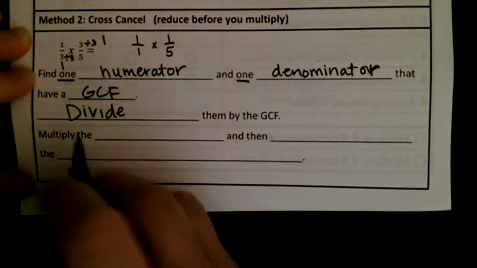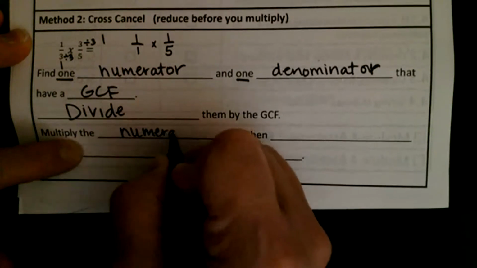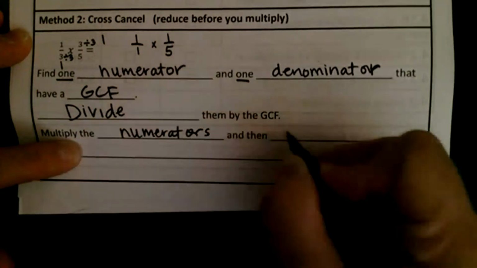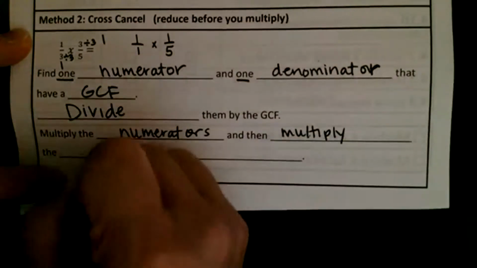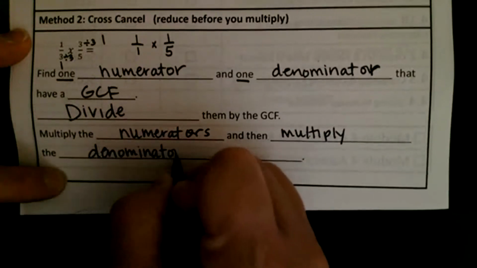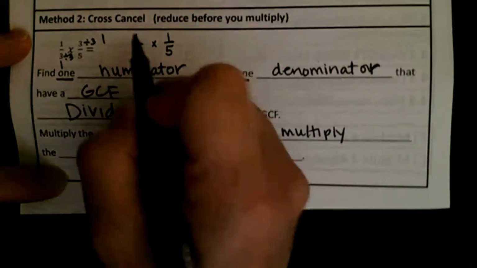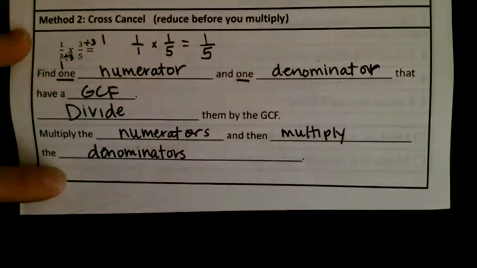Now I multiply the numerators. Then I multiply the denominators. Okay, so that means 1 times 1, which is 1, 1 times 5, which is 5.